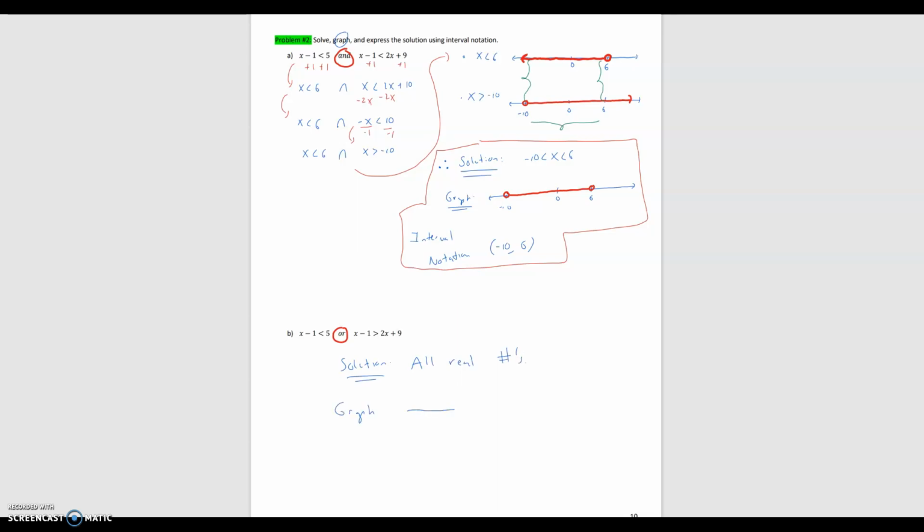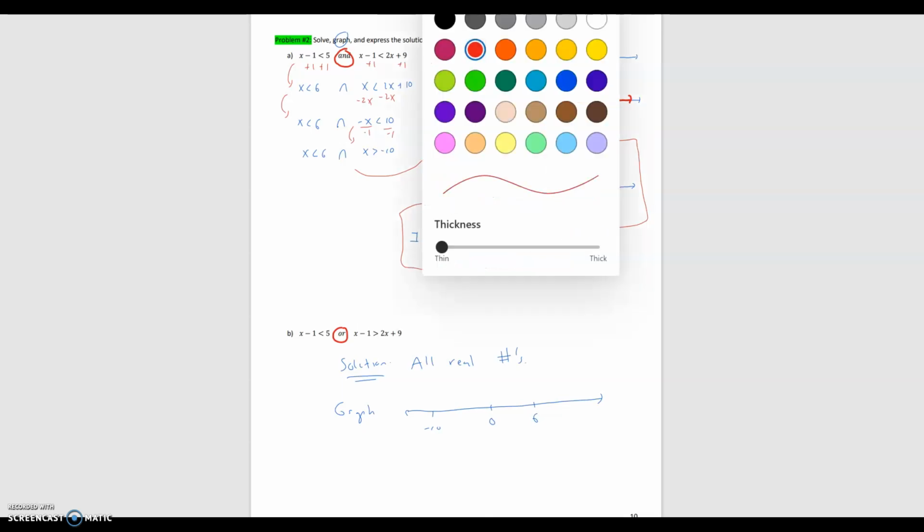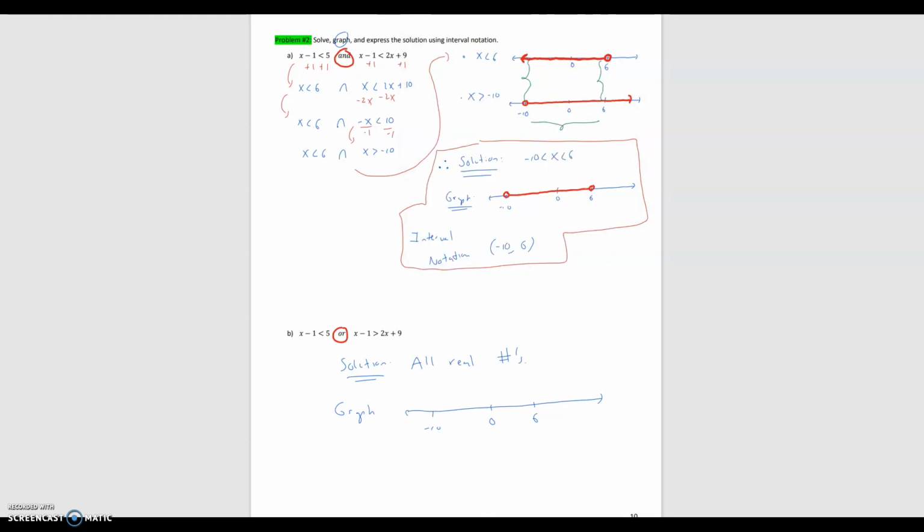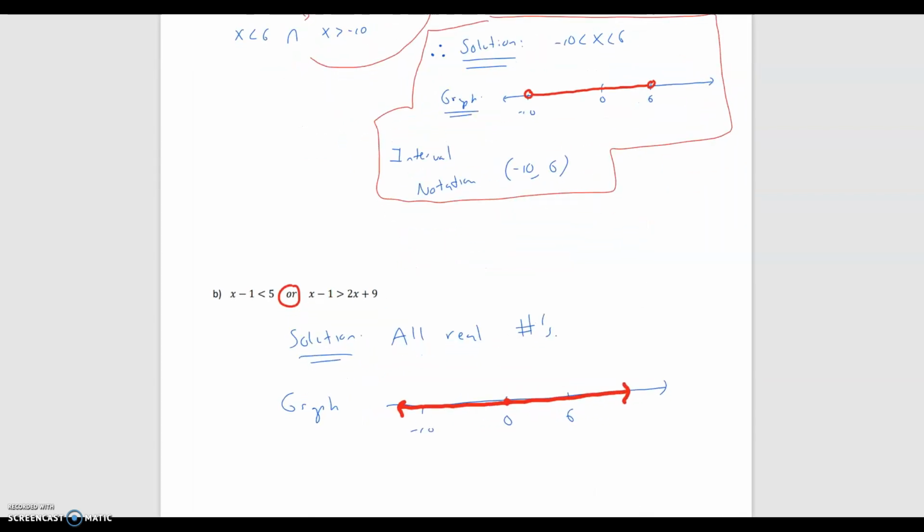The actual graph, I'm going to put 0, 6 here, negative 10, and since putting both of these together as one includes every value on the number line, we typically put the dot there and then the arrow to the right and the arrow to the left. Let me fix that arrow here.